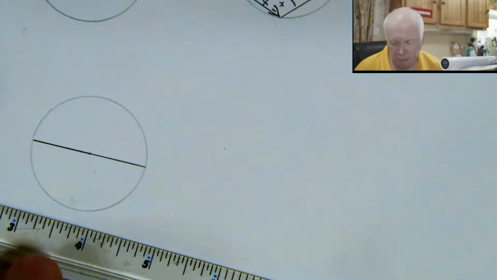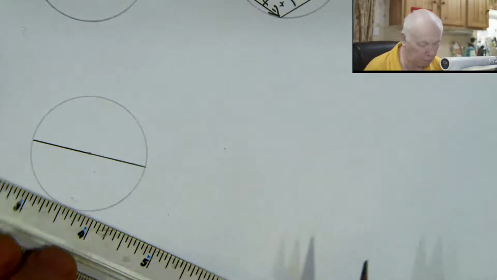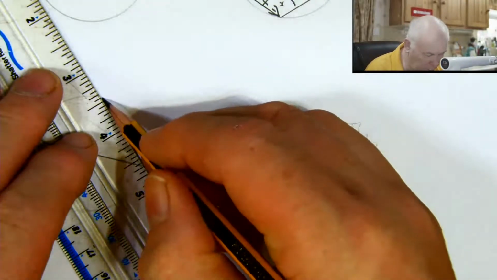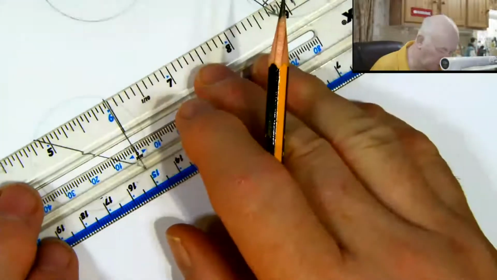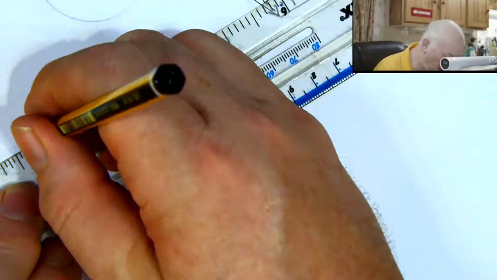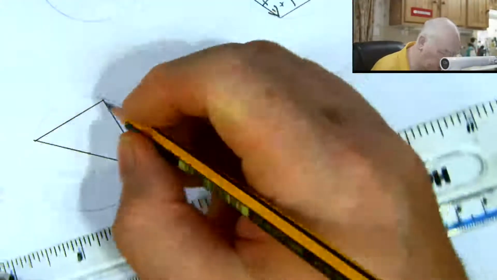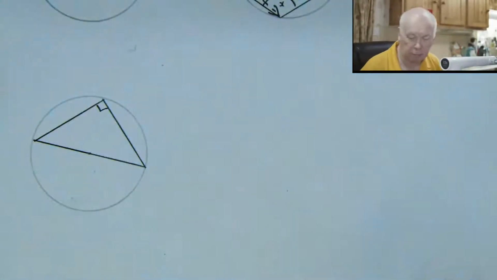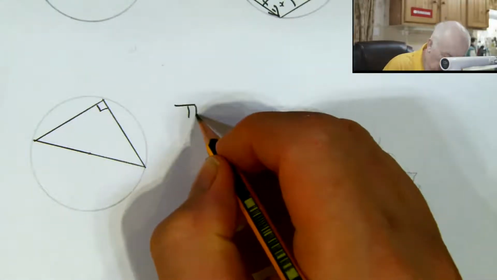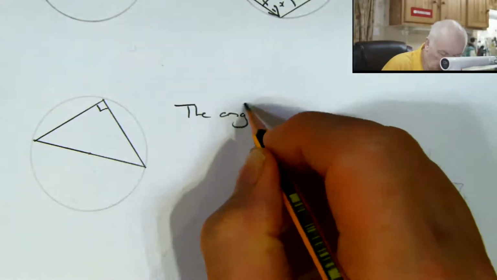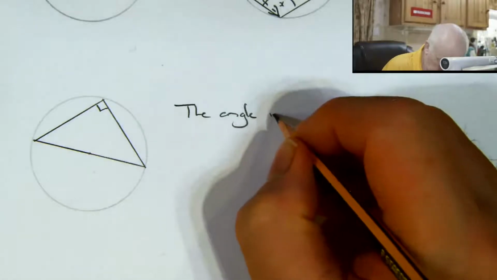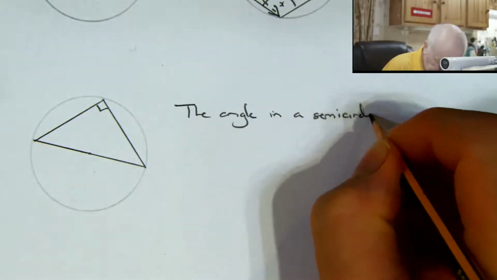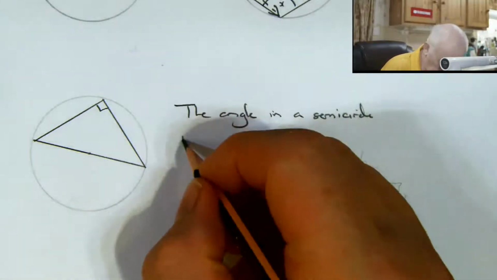If we take a semicircle and we draw any particular angle to the circumference, then this angle will be 90 degrees. So the angle in a semicircle is a right angle.